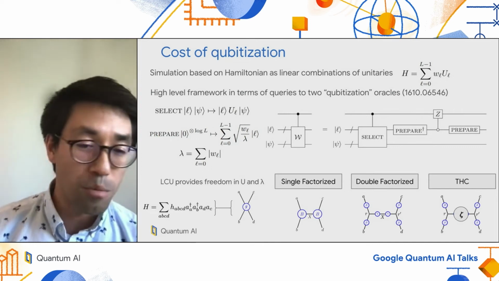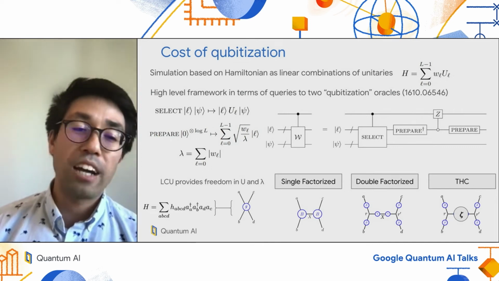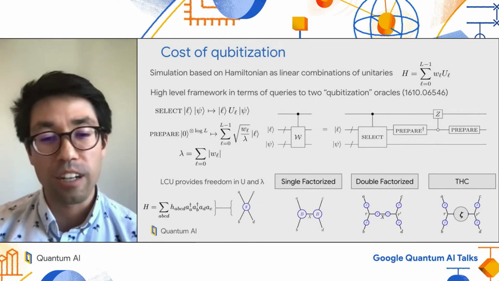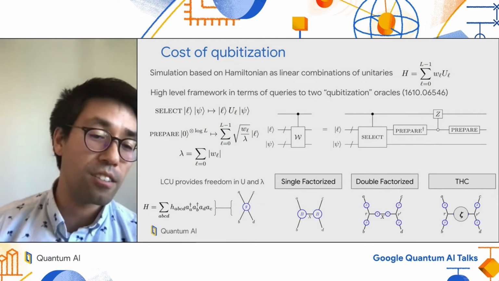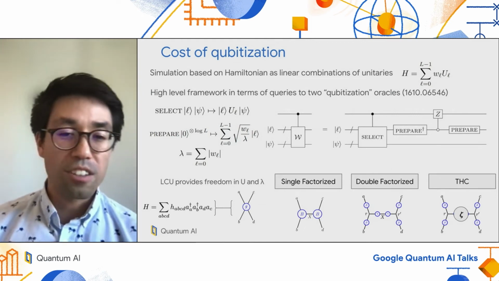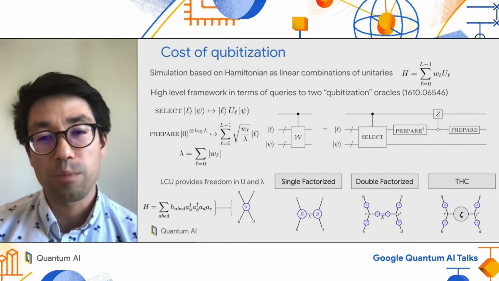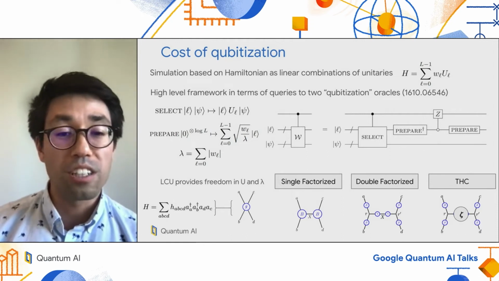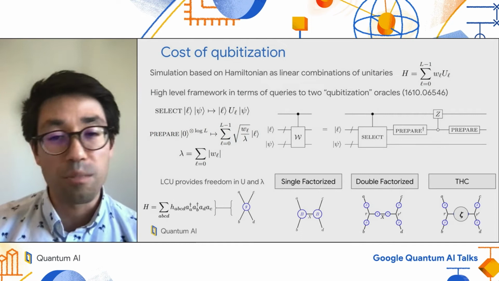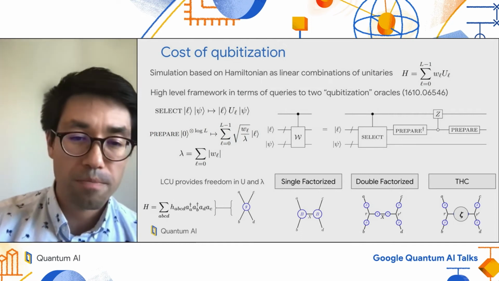And then there's another more recent factorization called tensor hypercontraction, where you can imagine this 4 tensor as a small little tensor network and do hypercontraction between 2 or 3 of the edges. All of this leads to different types of linear combination of unitaries expansions of the Hamiltonian, which then will lead to different costs. And so that's what we want to compare in terms of comparing to the best classical algorithms.